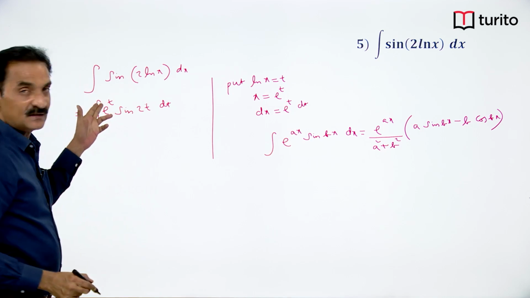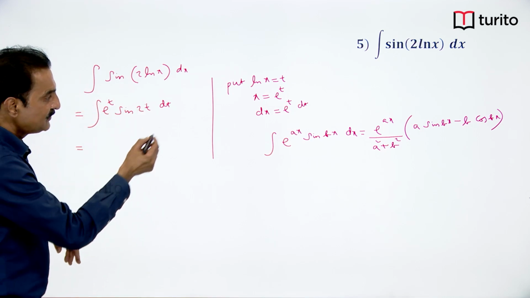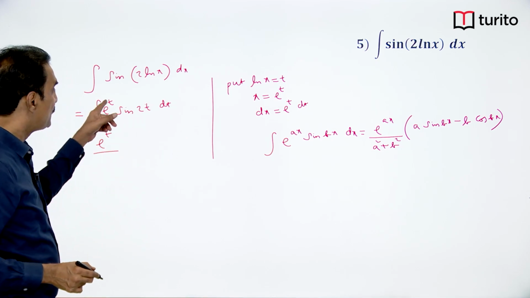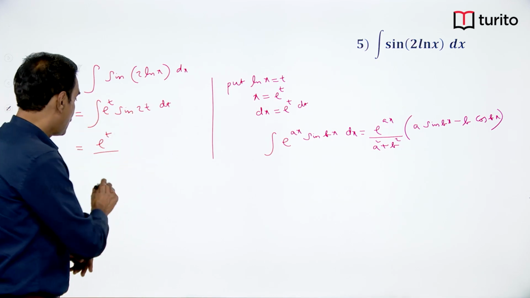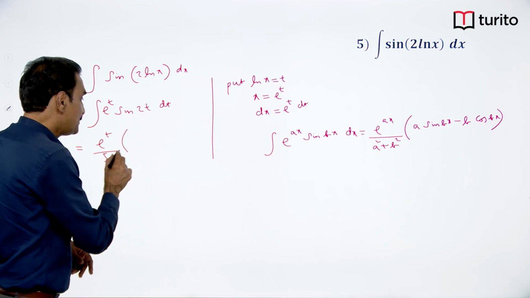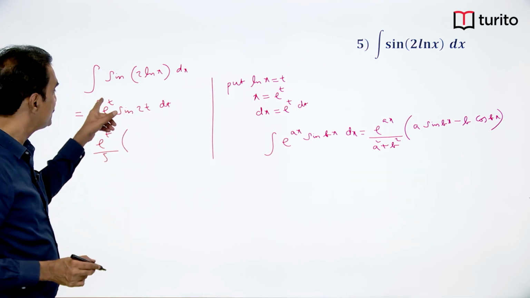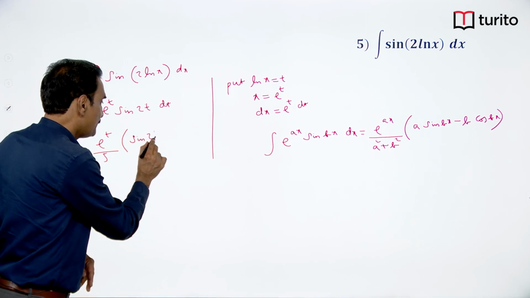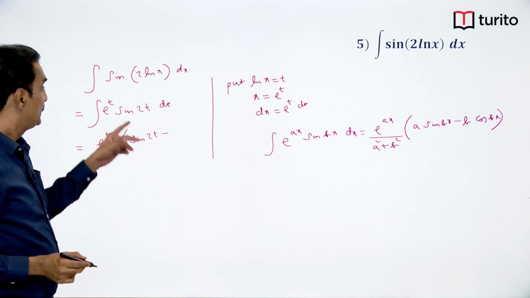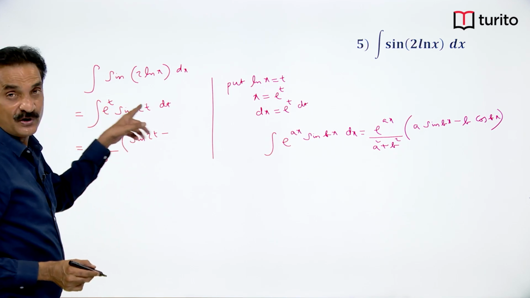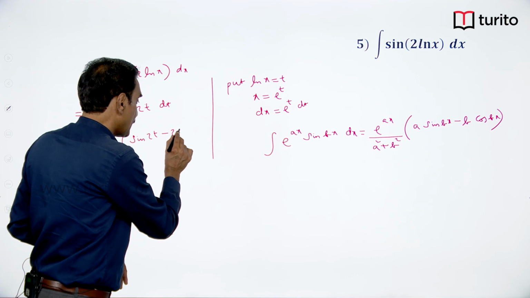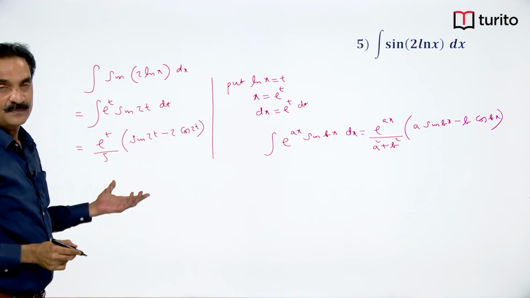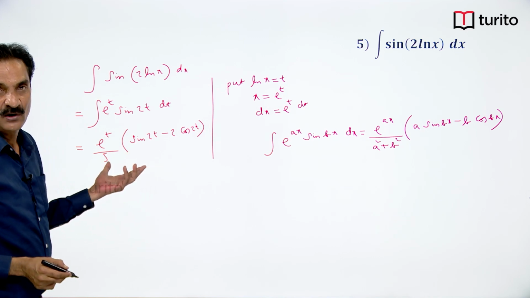So, a is 1, b is 2. So, it will be e power t by a square plus b square, which is 1 square plus 2 square, that is 5, into a sin bx, which is 1 into sin 2t, that is sin 2t, minus b cos bx, which is 2 into cos 2t. Now, substitute e power t as x, t as ln x.